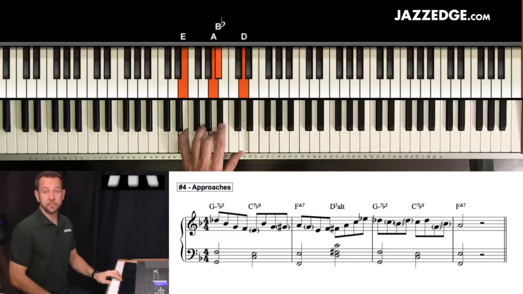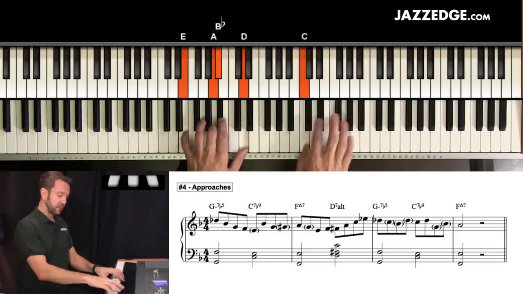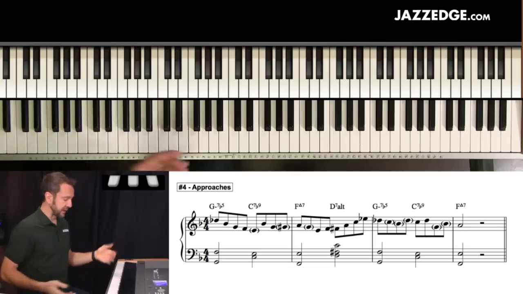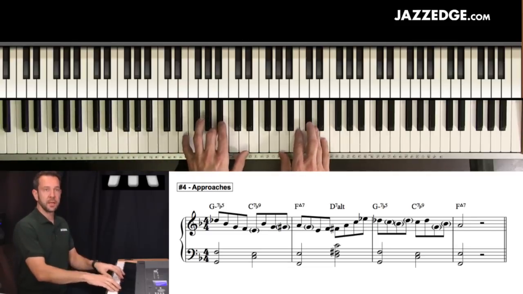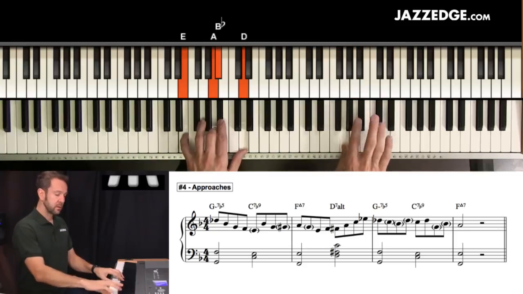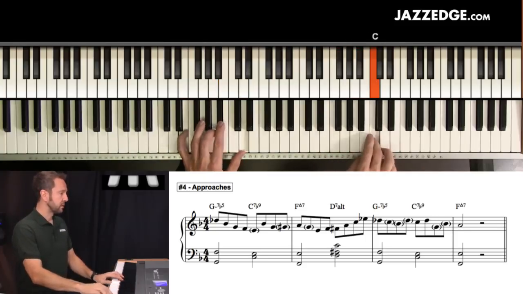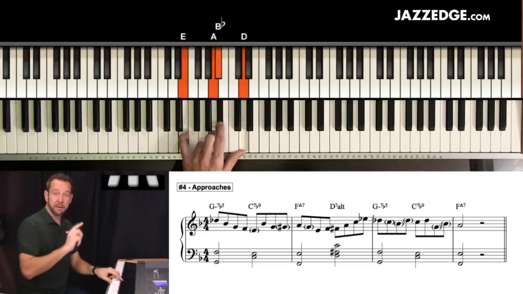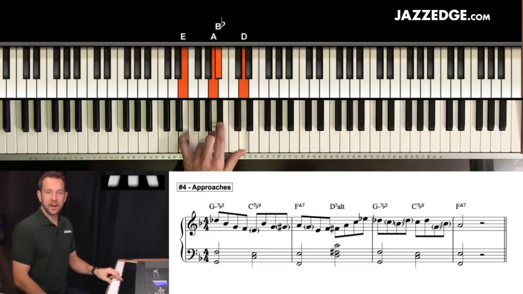My answer is you can do both. I could do a double chromatic from above, half step from below. So now I'm working that voicing over here while also doing my approaches over here in the right hand.